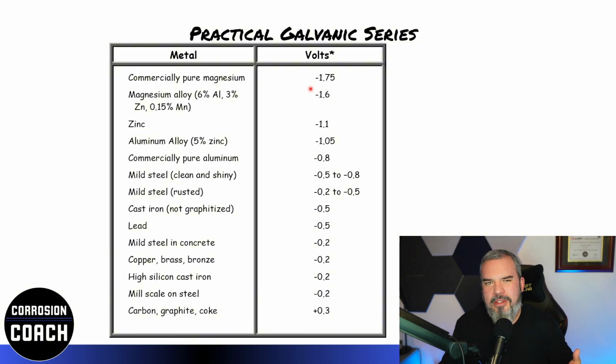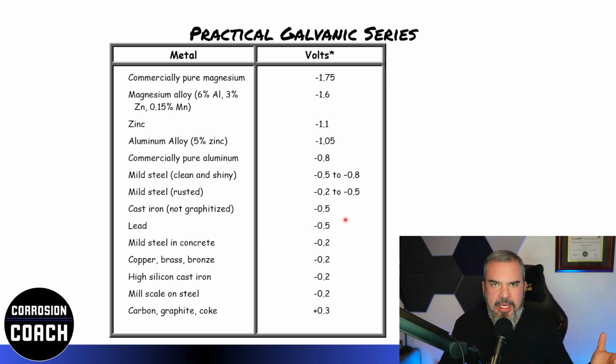So at the top of this list, you're seeing what we call very, very active metals, the ones with a lot of energy in them, okay? Those active metals, if you measure them with a structure to electrolyte potential, they'll be very negative. As you work down this list on this particular graph, you'll see that these other metals, they're less negative or noble metals.